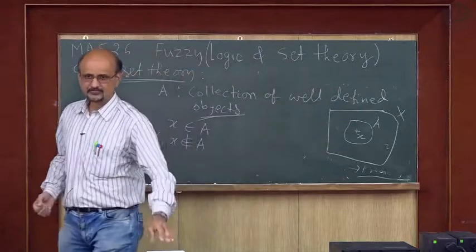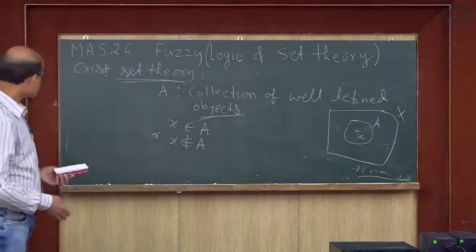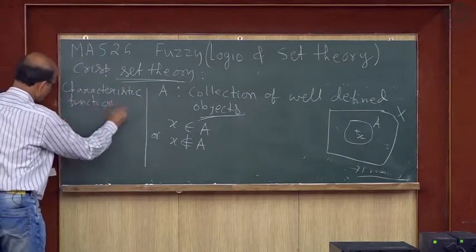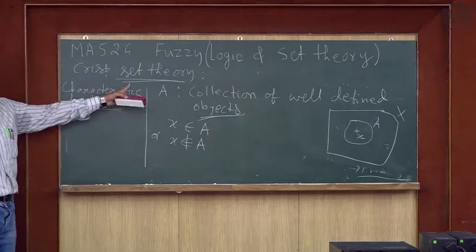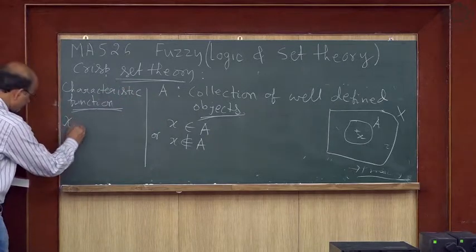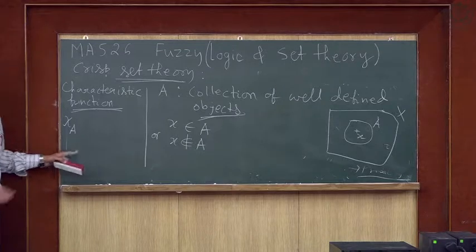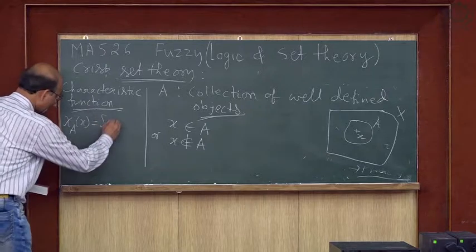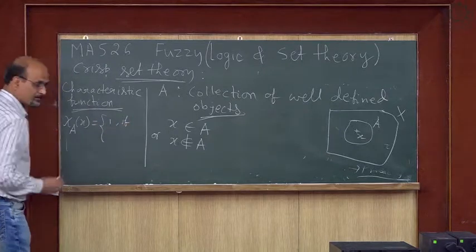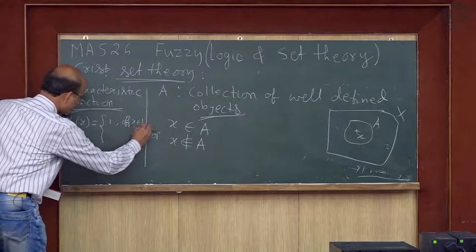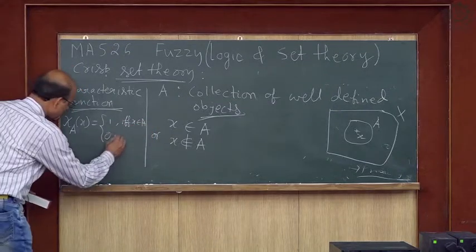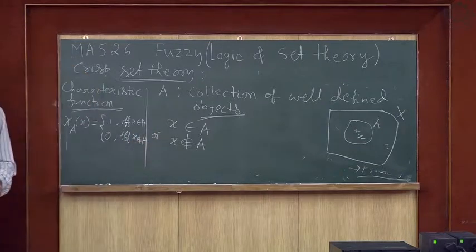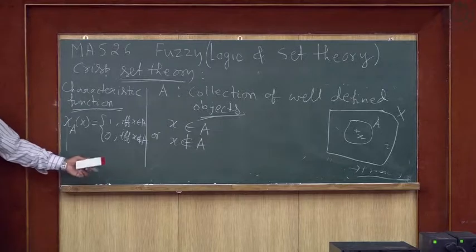So, what about the characteristic function? If I define the characteristic function for set A, I can write chi A of x is equal to 1 if and only if x belongs to A, and 0 if and only if x does not belong to A. This is your definition, straight away 2 answers.